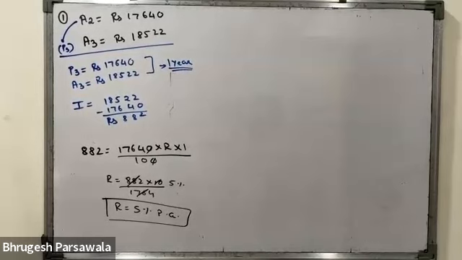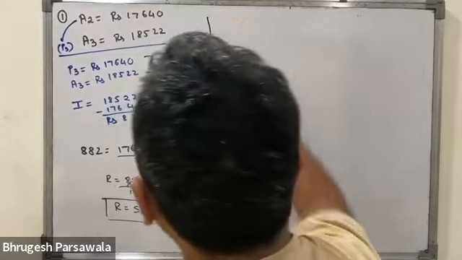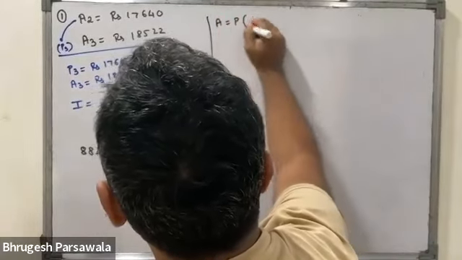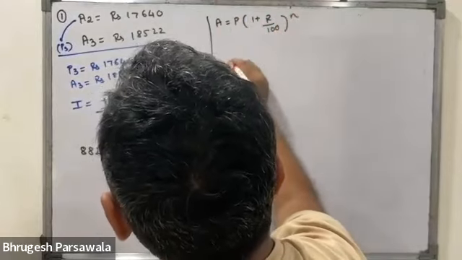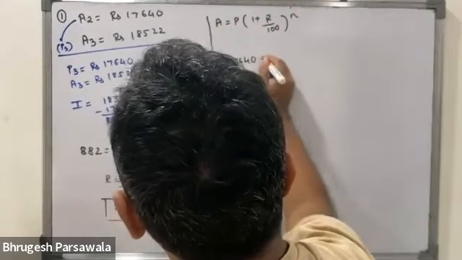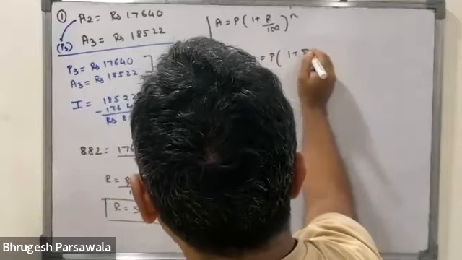Now how to find principal? Original principal. But the amount formula we all know. Amount formula is 17640, R is 5.